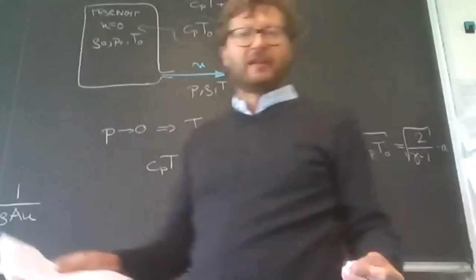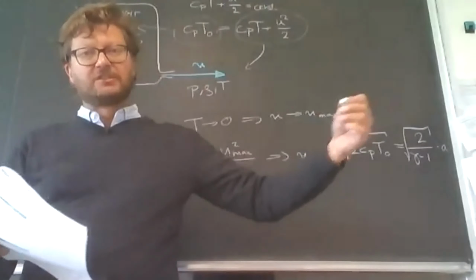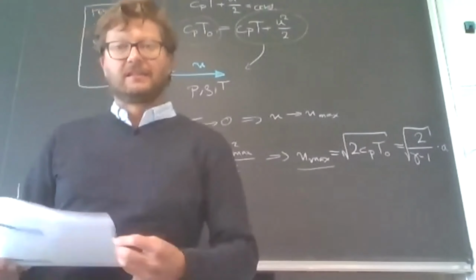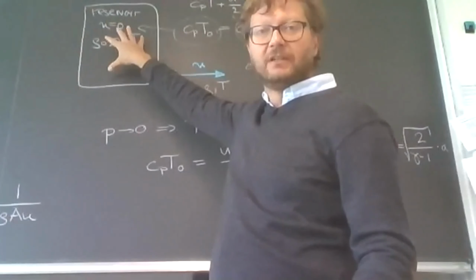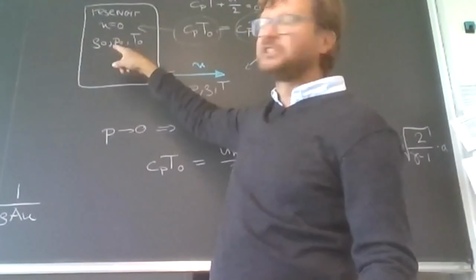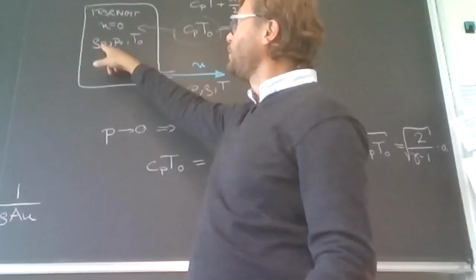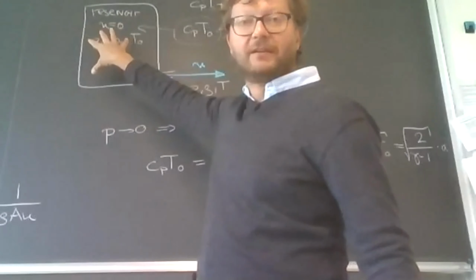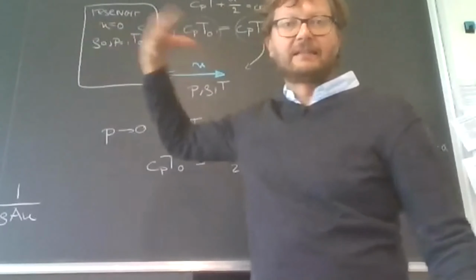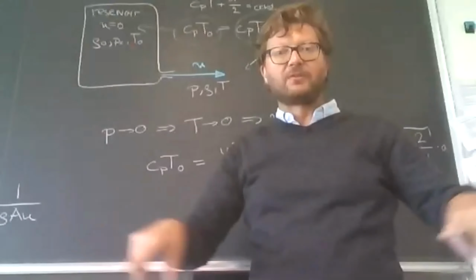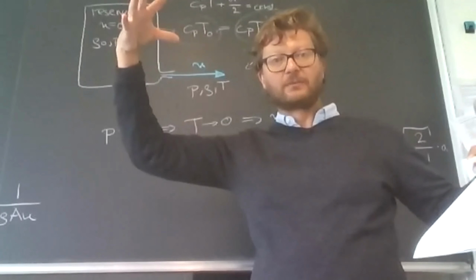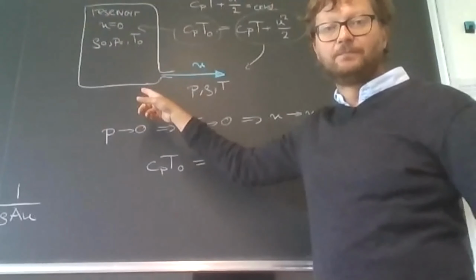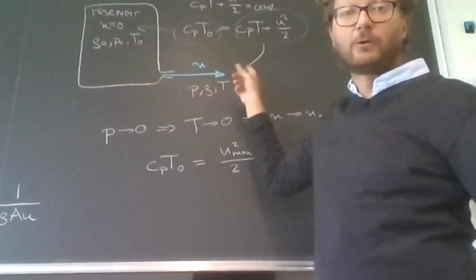So there is a maximum velocity to which the fluid can accelerate. It cannot go any faster than this u max for a given energy contained in the reservoir. This energy is defined by rho naught, P naught, T naught. So for the example of air at atmospheric conditions, you put it in a big reservoir, put it in a rocket, put it in space, and make a hole in it, the fluid will accelerate and flow out.